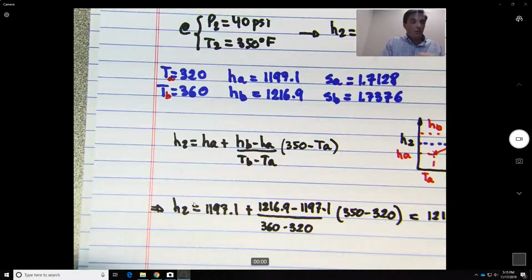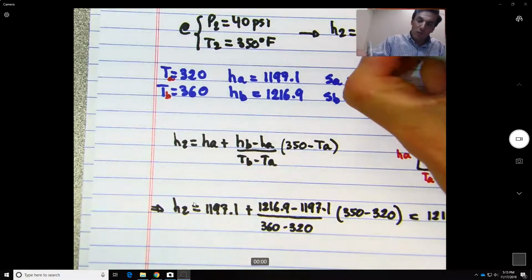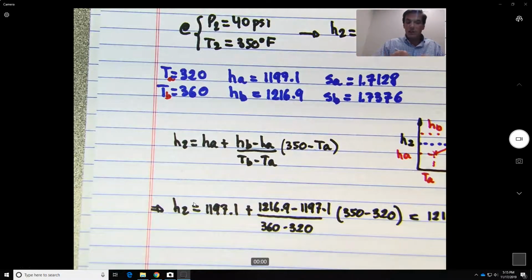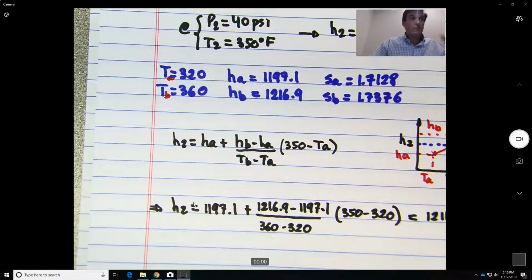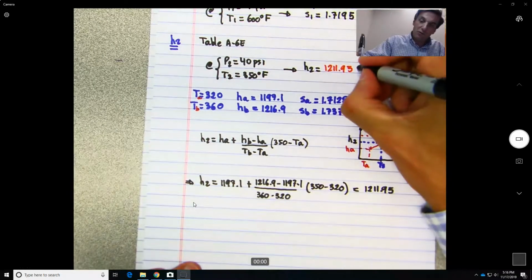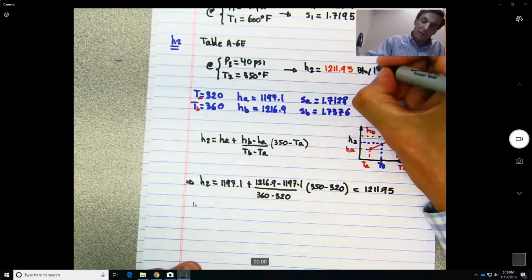So if I put it right here, this will be 1211.95, and this should be units BTU per lbm.